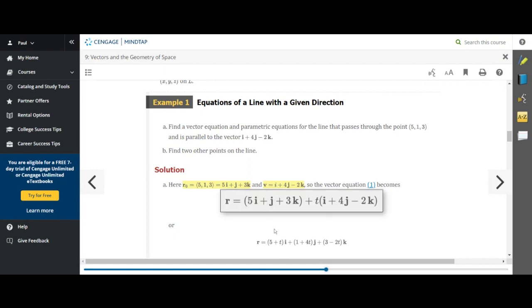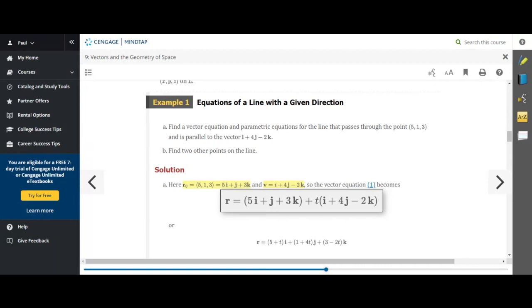And so your vector equation is going to be equal to r sub 0 plus t times v, which you can write that way, or you can write it as you see below. The vector r describes the equation of the line.